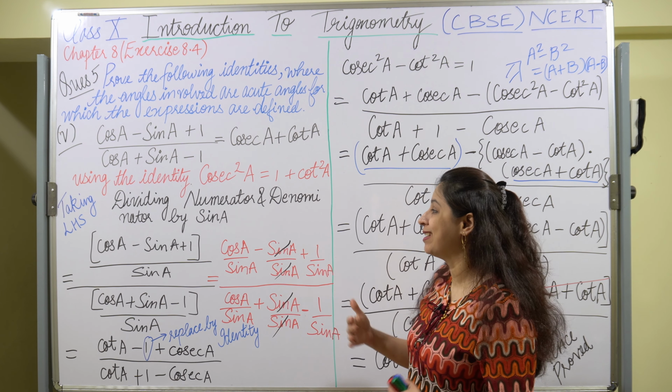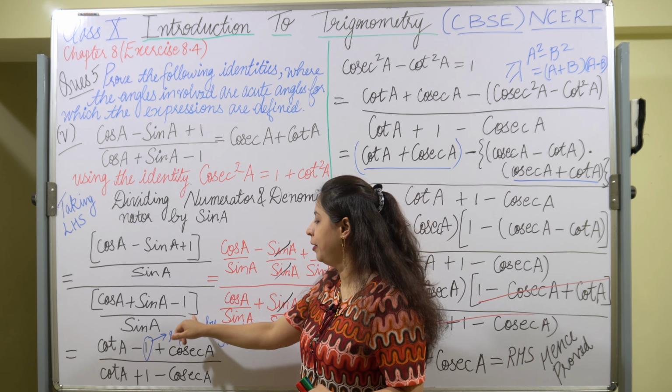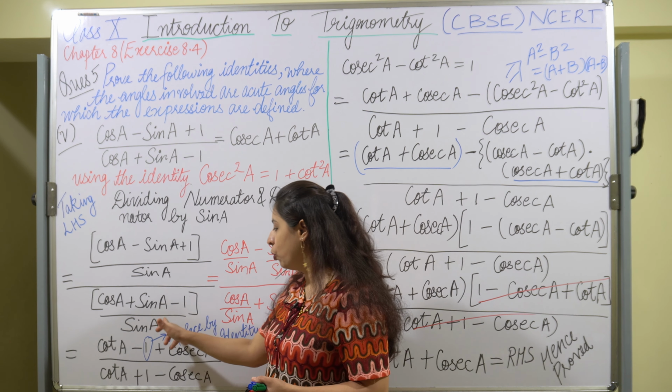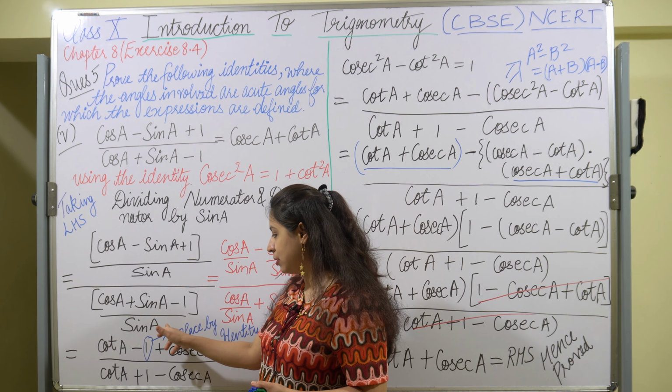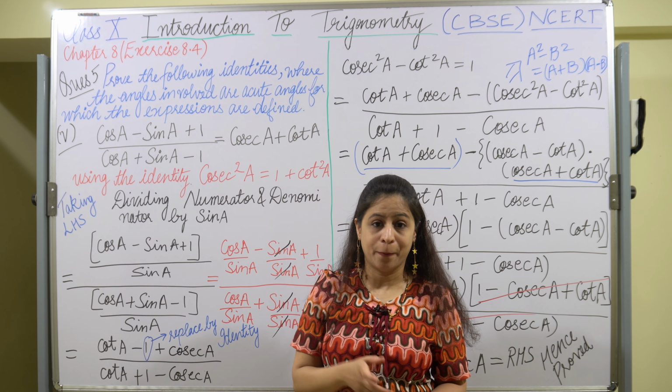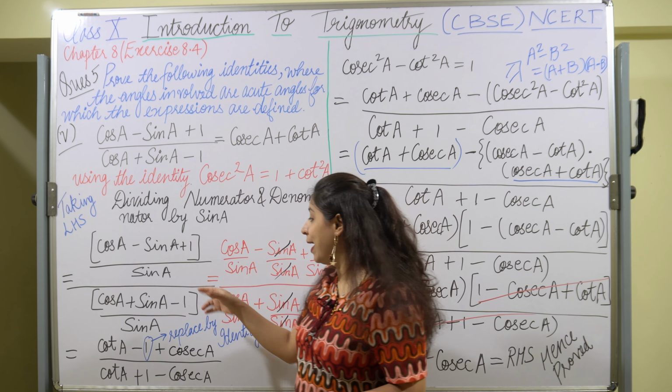What we did was divide the numerator and denominator separately by sin A, because when we divide both by the same expression, the given expression remains constant. Then we proceeded and ultimately reached our result, cot A plus cosec A, which was our right hand side.